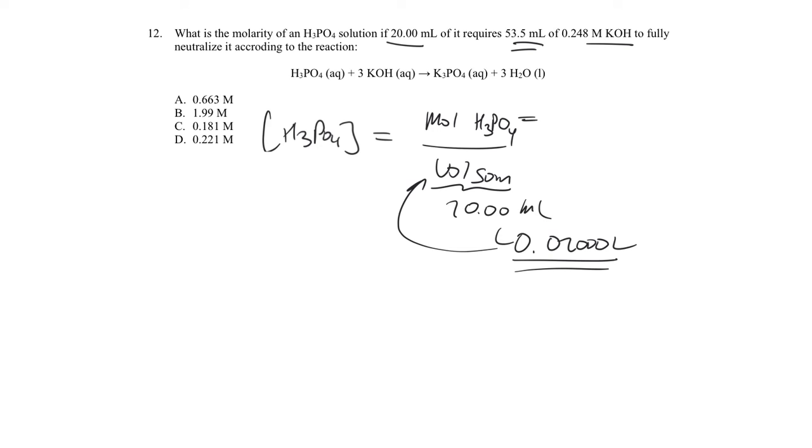How many moles of H3PO4, though, are there? Well, we get that from the KOH that's needed to titrate it. So if we multiply 0.0535 liters times 0.248 moles per liter of that solution, we get the number of moles of KOH.